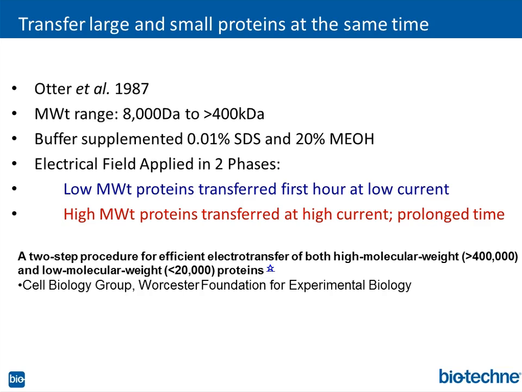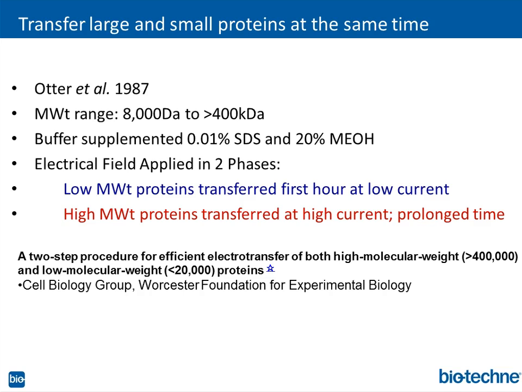But they add a little bit of SDS, and I'm kind of contradicting myself here because I said you want to minimize SDS. Well, I referenced the fact that large proteins tend to get stuck in the gel and don't transfer out because of their size, steric hindrance. I think a second reason why they get trapped is that in the presence of, say, 20% methanol, a large protein can precipitate, crash out of solution.